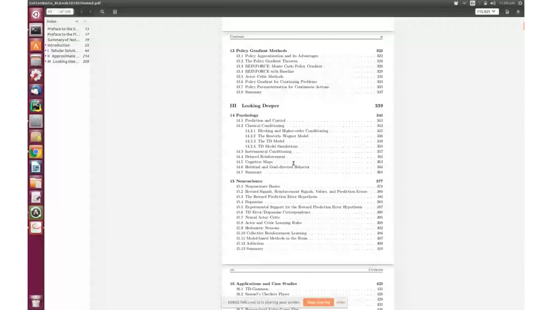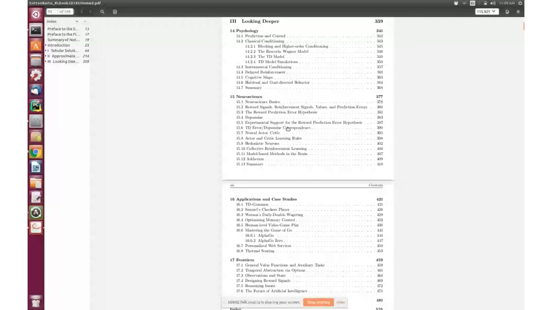Recently there is a lot of knowledge in neuroscience about how the brain may be doing reinforcement learning. For example, there is a subcortical structure of our brain called the basal ganglia that has loops with the cortex, and there is now really solid evidence that it is doing reinforcement learning. In case you are interested, I think it's a very interesting read, this "Looking Deeper" section.